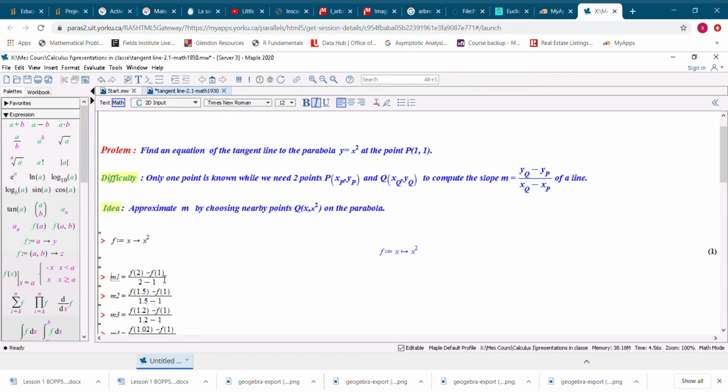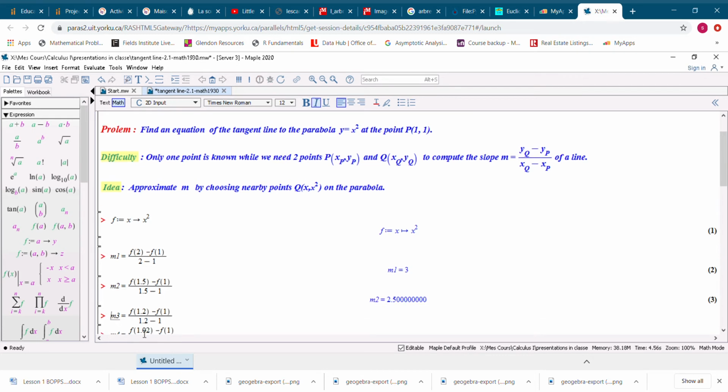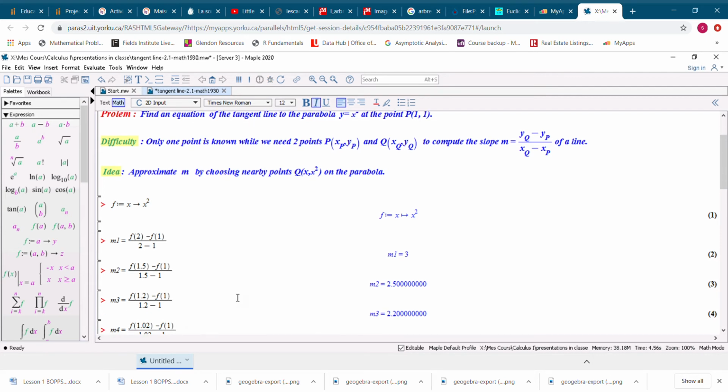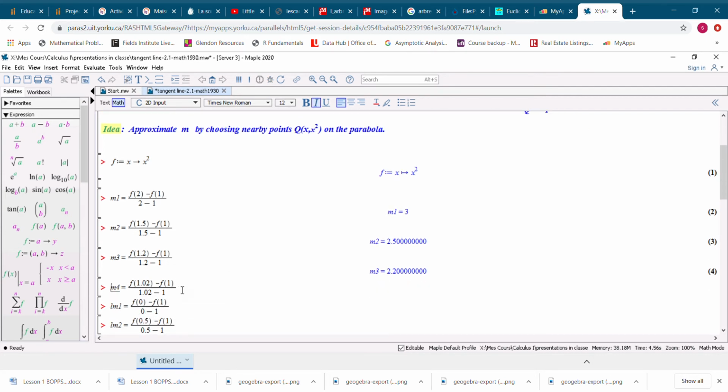Here is f. Now I will consider the slope joining the point with x equal 2 and the point with x equal 1. Here is the first slope, then another slope with x equal 1.5, and Q with x equal 1.2, and here the x of Q is 1.02, very close to 1.